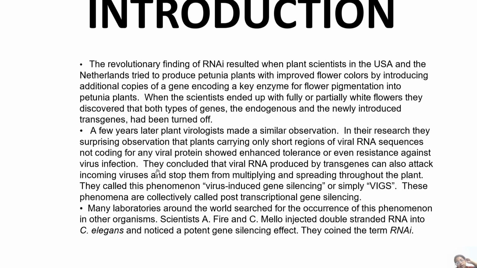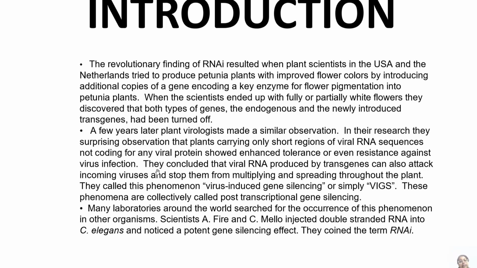A few years later, plant virologists made a similar, surprising observation: plants carrying only short regions of viral RNA sequences not coding for any viral protein showed enhanced tolerance or even resistance against viral infection.